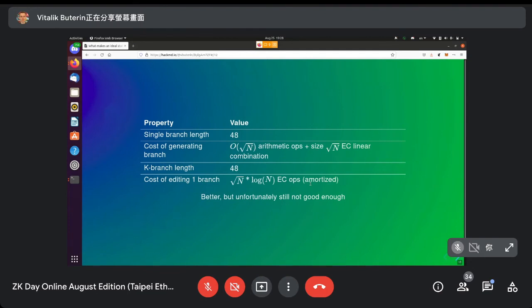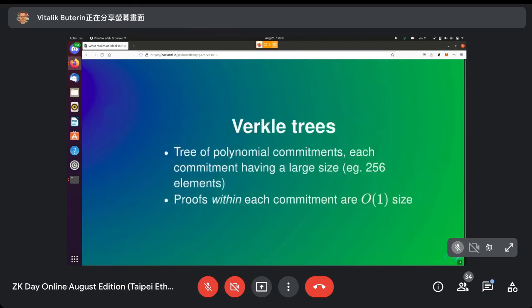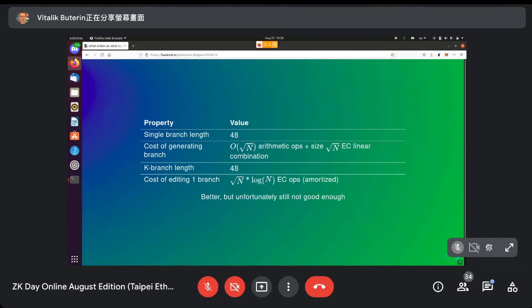But this is better, but unfortunately, it's not quite good enough, right? It's maybe two orders of magnitude away from being a super awesome and amazing solution that we can live with, but unfortunately, it's not quite there. Now, of course, maybe this is the time when someone like StarkWare or some ASIC manufacturer is going to come in and say, hey, wait, we're going to come in here guns blazing with our super awesome hardware.